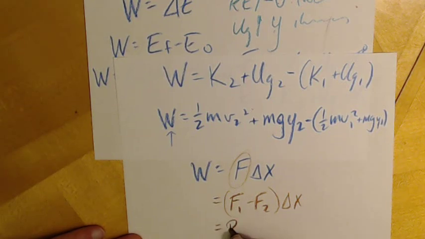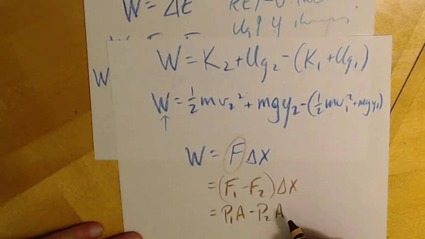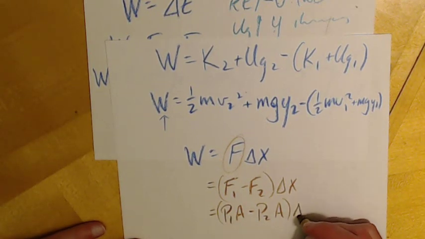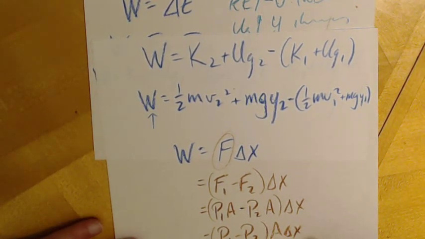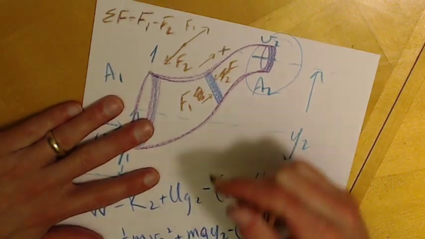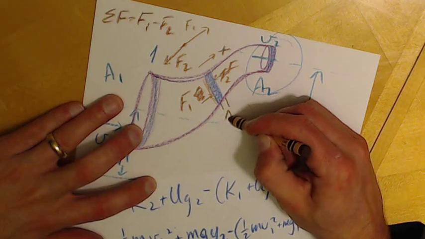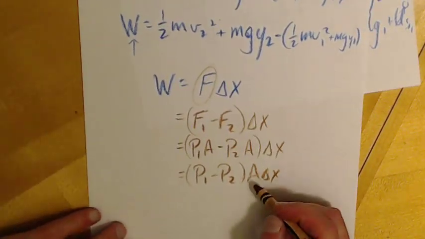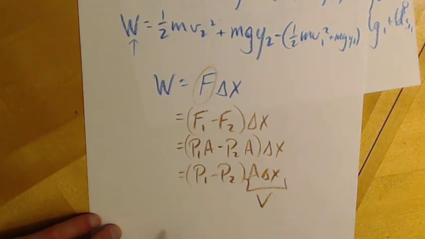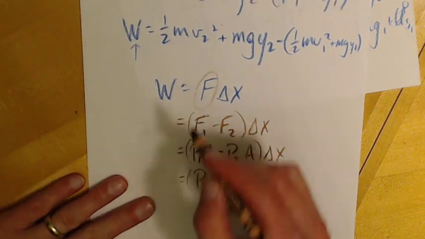But F1 is going to be pressure 1 times area, minus pressure 2 times the area, times delta x. We'll pull that A out: P1 minus P2 times A delta x. My area times my delta x, which is right there, is a volume. This is my change in pressure across there.